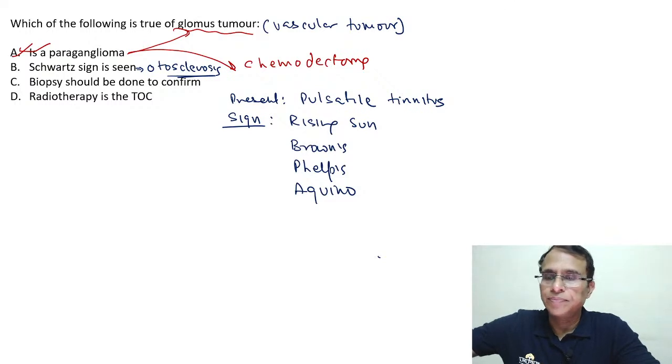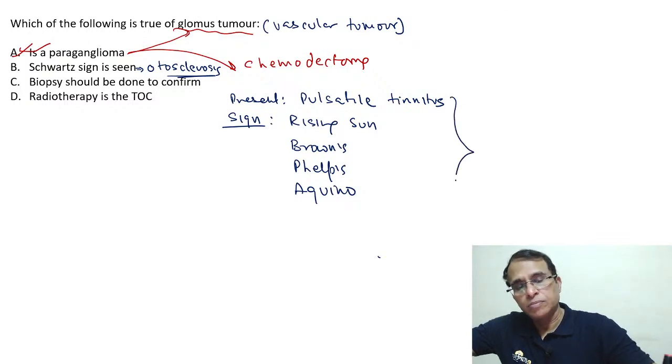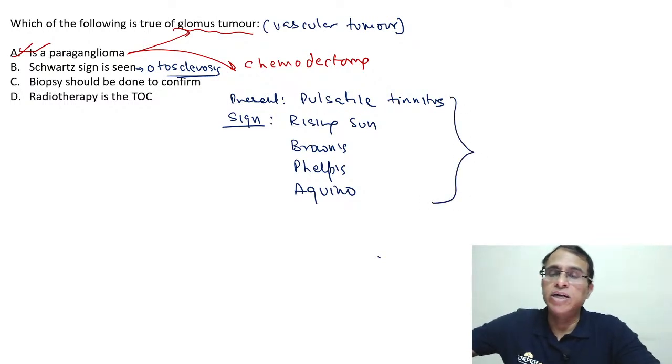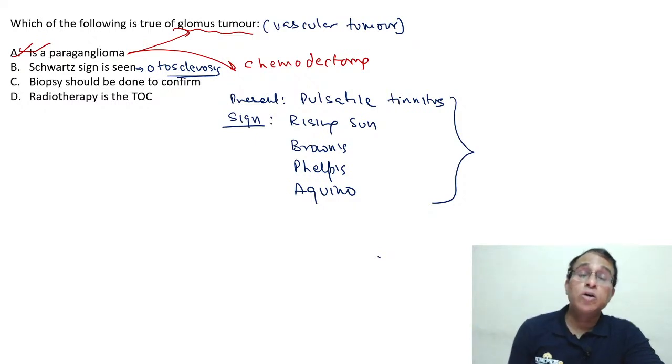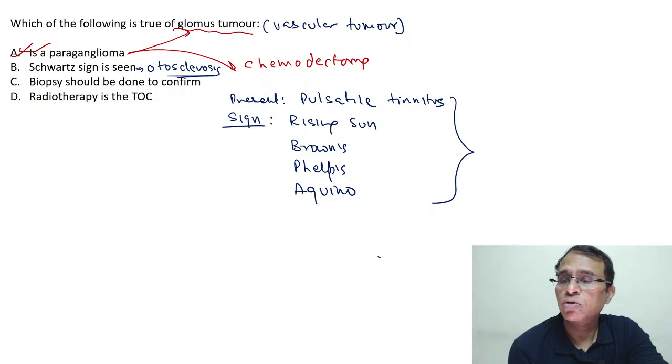Right. So these are the names in glomus tumor, which are the most important thing they ask you from the exam point of view. So remember this, very, very important. Another tumor they ask you questions on is acoustic neuroma. Acoustic neuroma is another important tumor they ask you questions from.